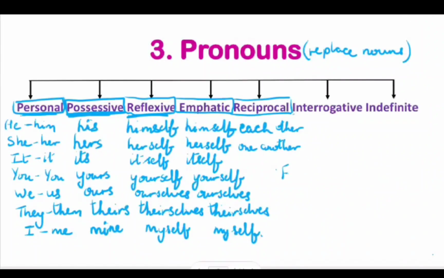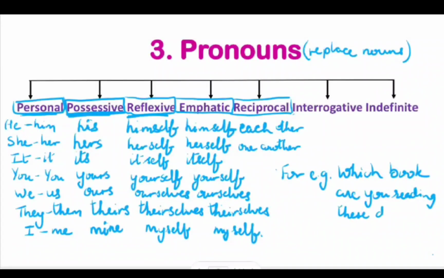So, for example, which book are you reading these days? So the word which is an interrogative word, okay?